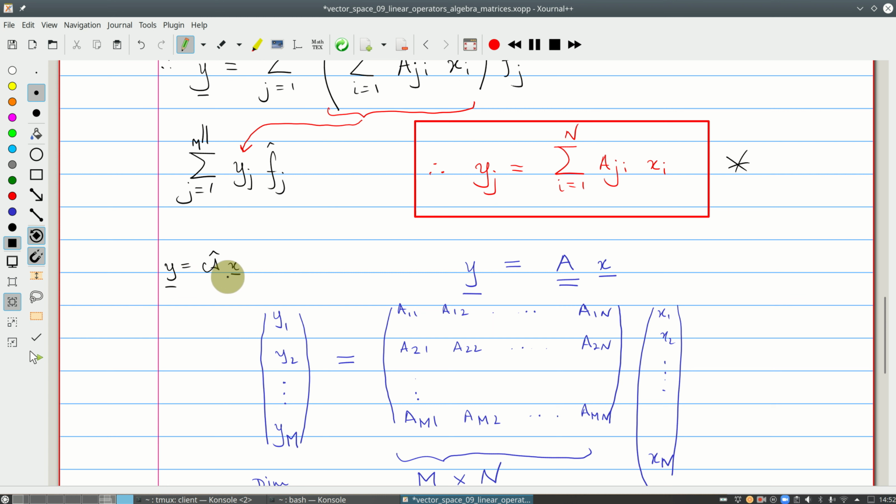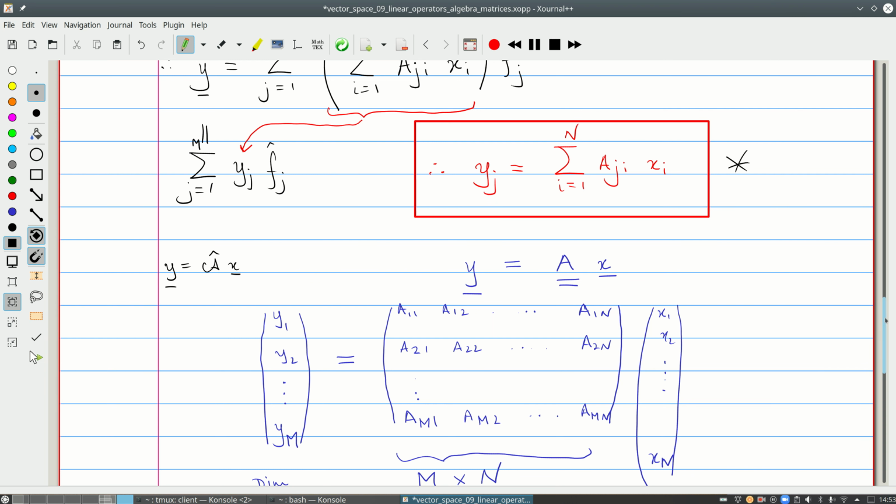I can only do that once I have specified what the basis vectors are for this x space and the basis vectors for the y space. Once I have done that, then I can write everything down in a matrix form, a matrix vector form. So now the vector y becomes a column vector, the vector x a column vector, and the operator A hat becomes a matrix A with this double bar under it.